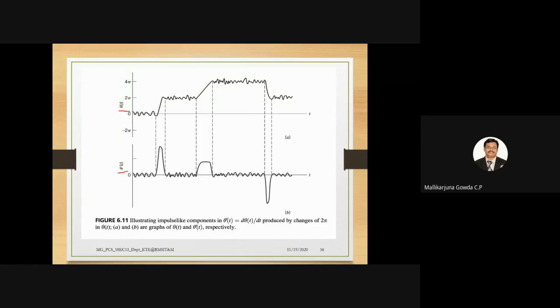Theta dash of t is the output of the frequency discriminator, the derivative of theta of t, while theta of t is the input to the frequency discriminator.